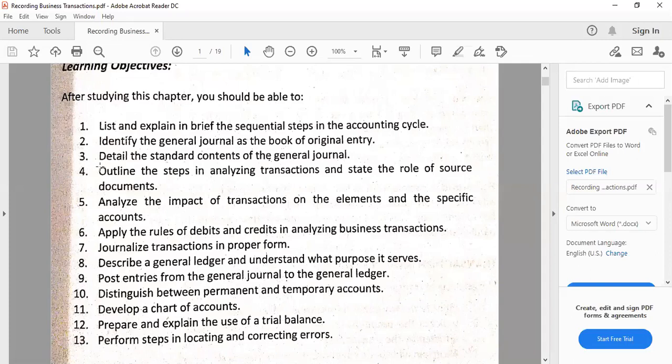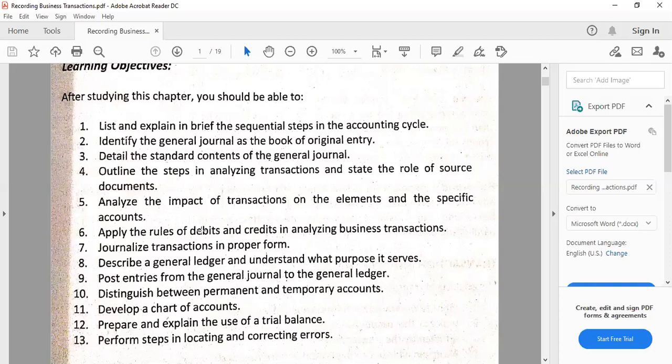First, we can list in brief the sequential steps in the accounting cycle. These steps should be followed. Otherwise, we would not be able to achieve our desired outputs. And because they are steps, we have to follow them in order.